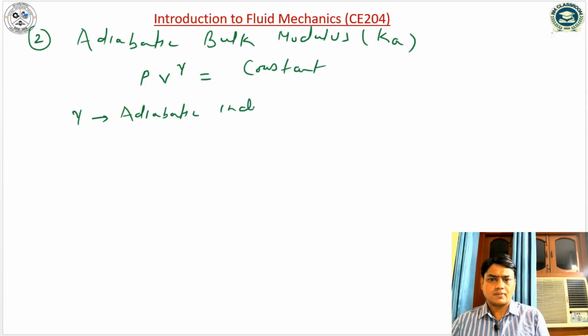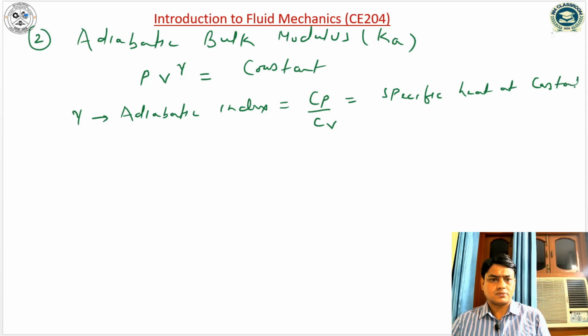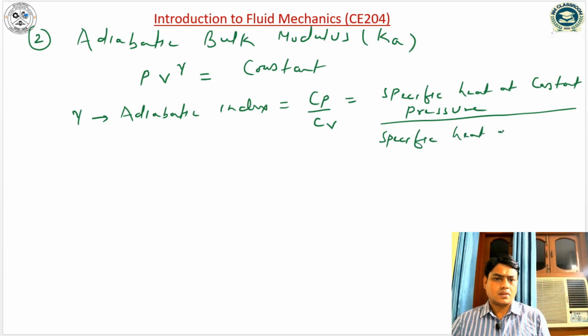Adiabatic index, that is the ratio of Cp by Cv, specific heat at constant pressure divided by specific heat at constant volume.